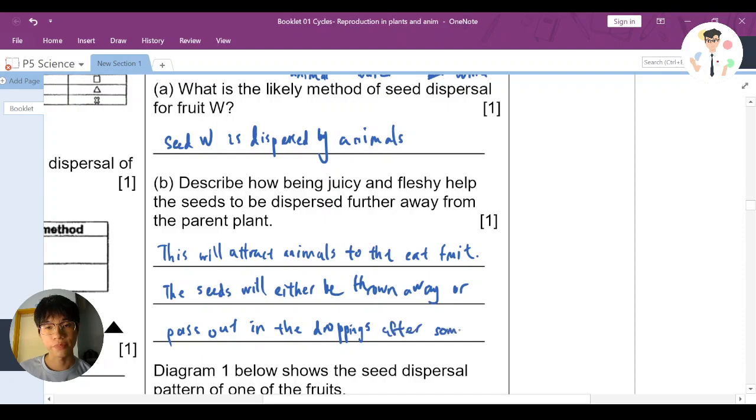That's basically the explanation for this part B.